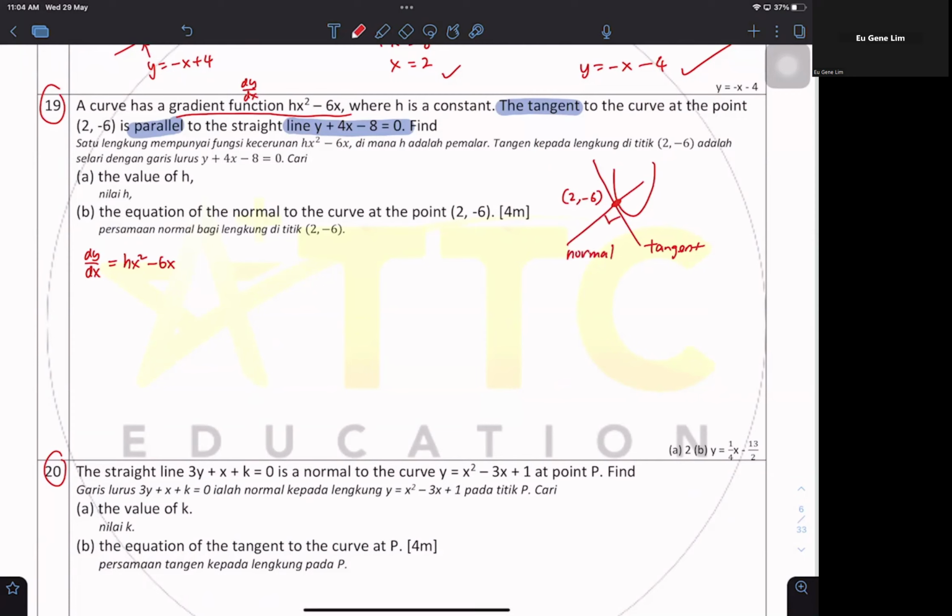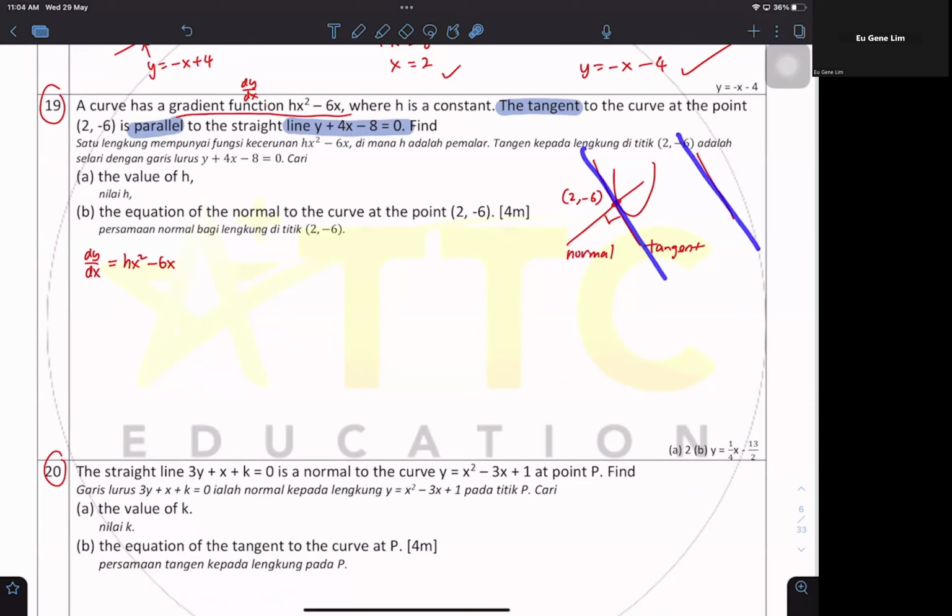Understand? Okay, so now the question says the tangent is parallel to another line. Where is this other line? You simply draw just another line that is parallel to the tangent.